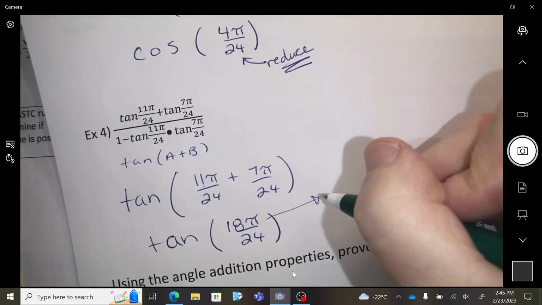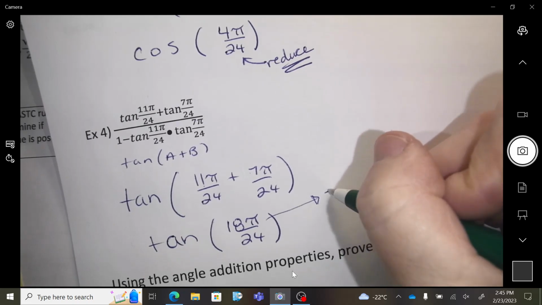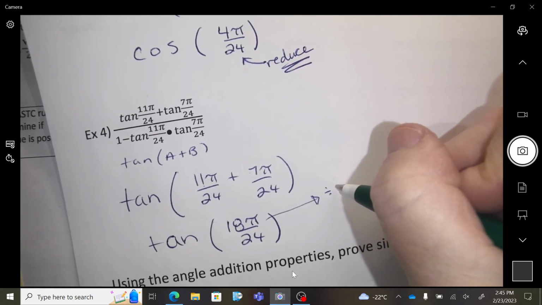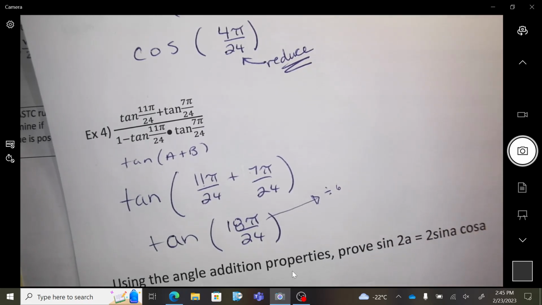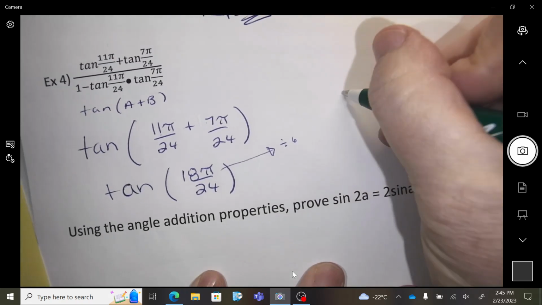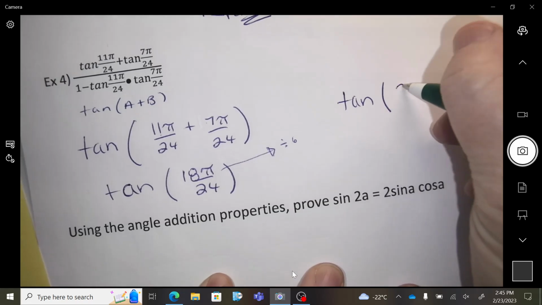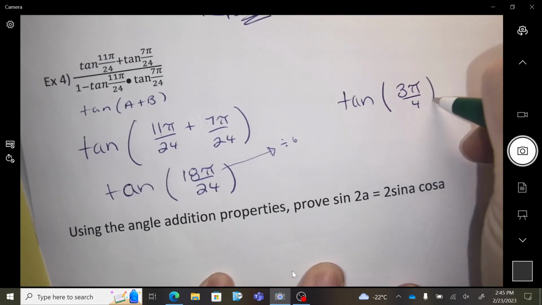Is 2 the most? I think there's a bigger number to divide by. 3? 6? 12? No. 6 is the biggest. I can divide that by 6. So tan of 3 pi over 4.